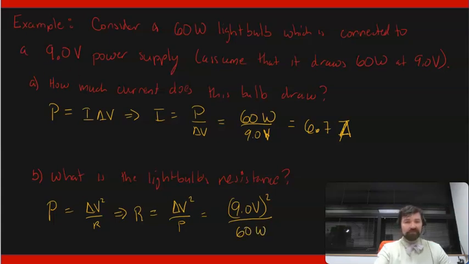That comes to a little over 1 1/3 ohms. Actually, I think it comes to 1.35 ohms. And you could maybe round that to 1.4 if you wanted 2 sig figs.